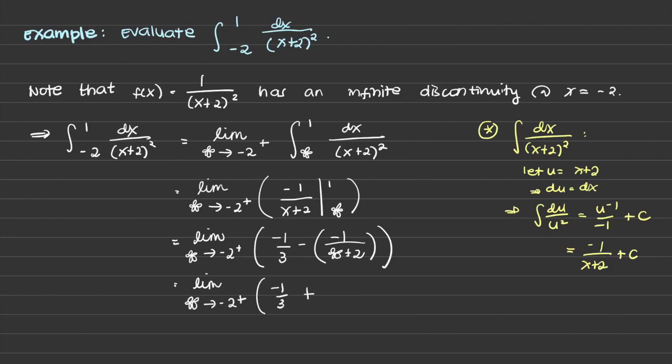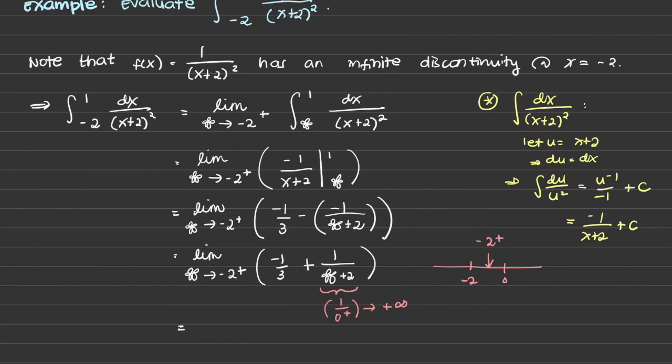And then, yung flour plus 2, this goes to, so note na this is negative 2 from the right, that is slightly greater than negative 2. So yung negative 2 from the right plus 2, that will be 0 plus. So you have 1 over 0 plus. So this whole term goes to positive infinity.